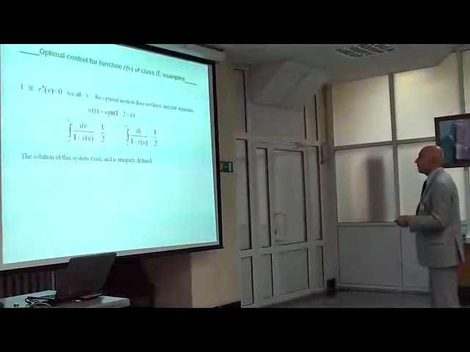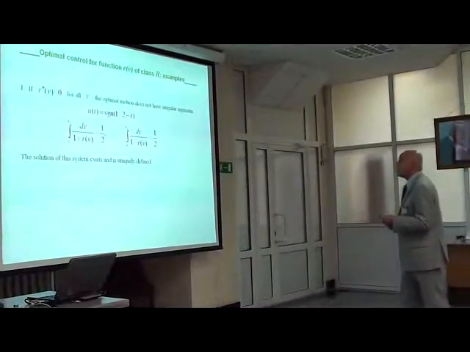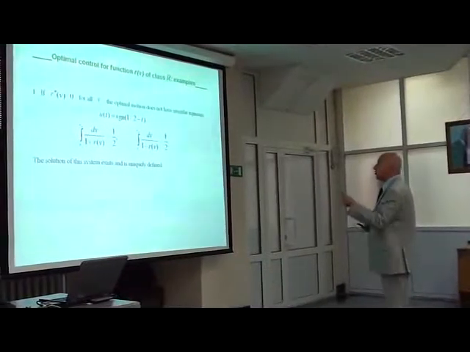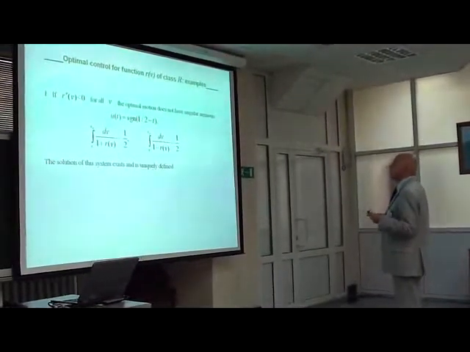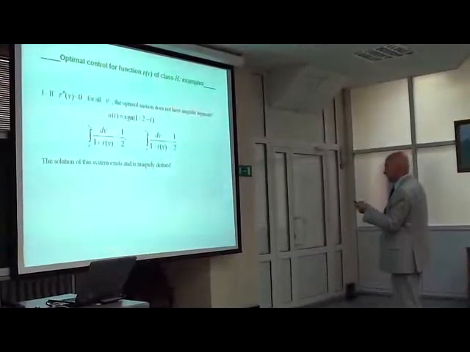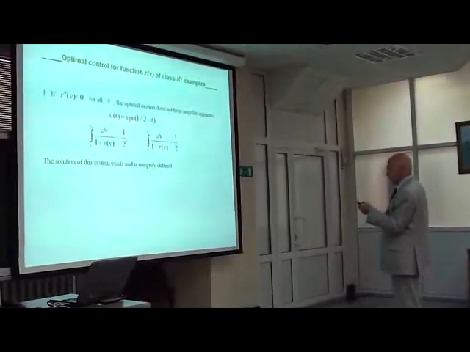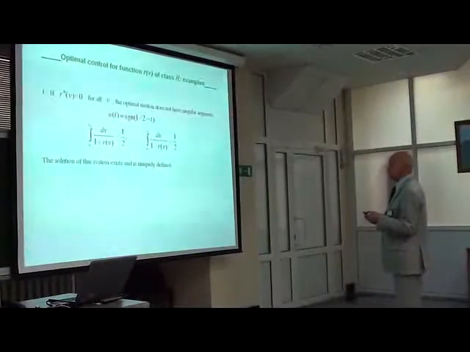If the function is convex upward, then the optimal motion does not have singular segments. So here, instead of 4, we have only 2 intervals.